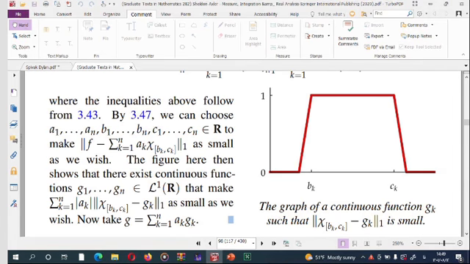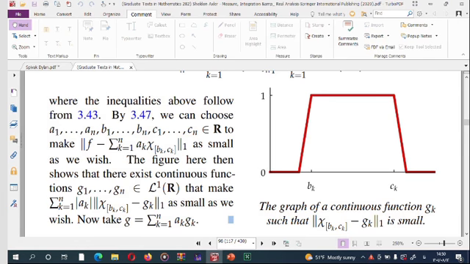phi of b_k and c_k equal to 0 on this interval, but g_k is non-zero in this interval and also this interval. Okay, in other intervals such as this, g_k equal to 1 and this function equal to 1 too. In these intervals, g_k equal to 0, the red line.